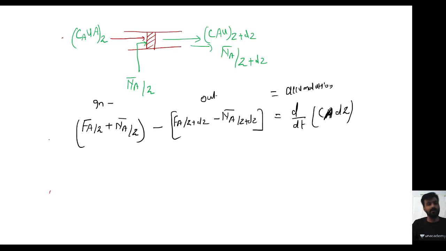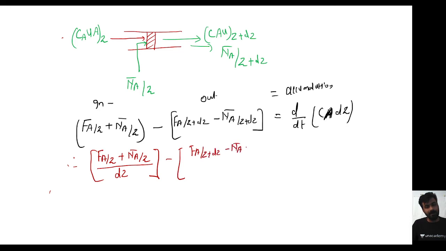This is the simple mole balance that I have used. So can I write Fa at z plus Na bar at z, and I am just dividing this term by dz. Are you getting? Minus Fa at z plus dz minus Na bar at z plus dz, divided by dz, that is equal to A dC by dt, and since the dz term I have divided, it will come like this.